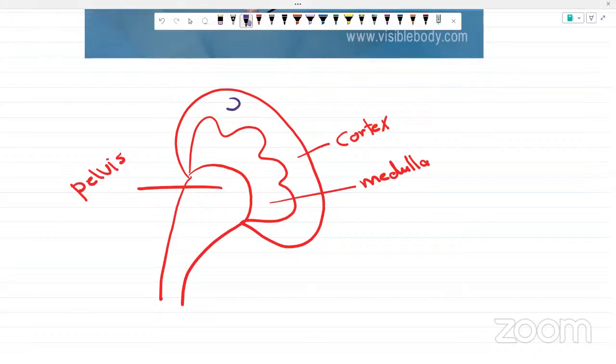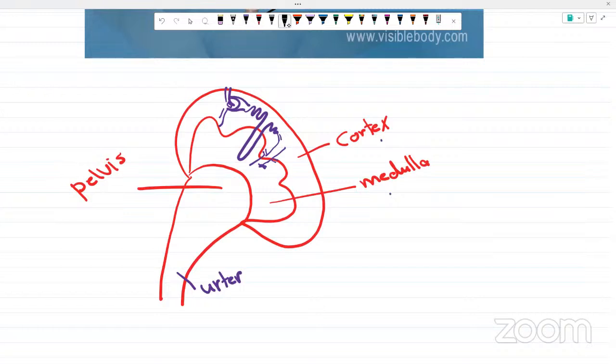The nephron is found in the cortex and the medulla. This is the nephron. And there is what we call the collecting duct, which collects urine from many nephrons. So the main parts of the kidney: cortex, medulla, pelvis, and here the ureter.